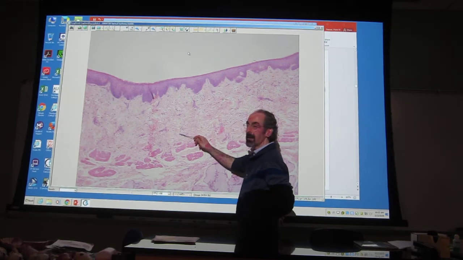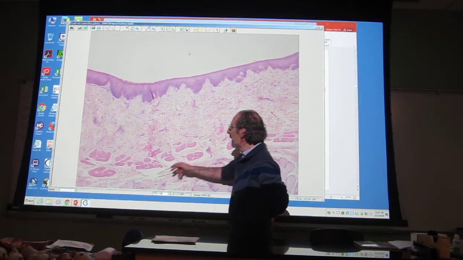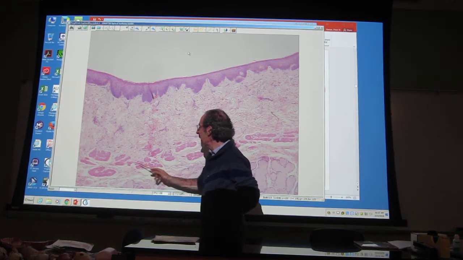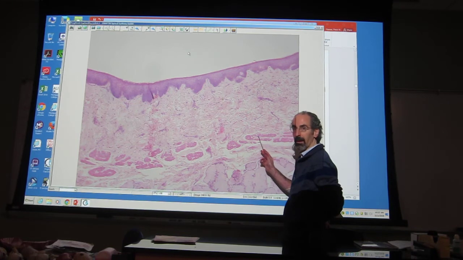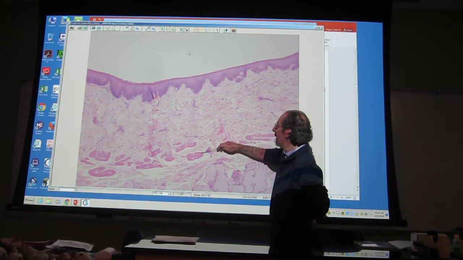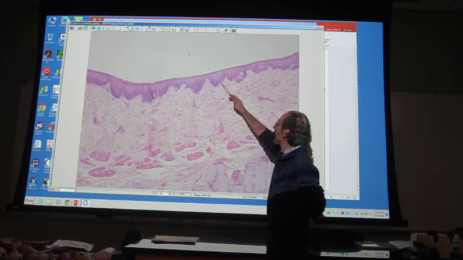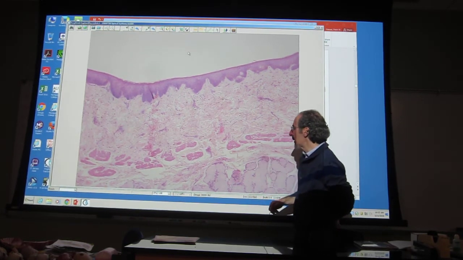Below that is the basement membrane or lamina propria, a layer of connective tissue. And these bundles of pink here make up the muscularis mucosa layer. So this and this and this make up your mucosal layer. Stratified squamous epithelium, lamina propria, muscularis mucosa.